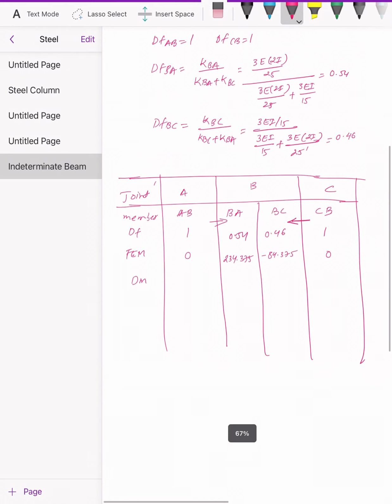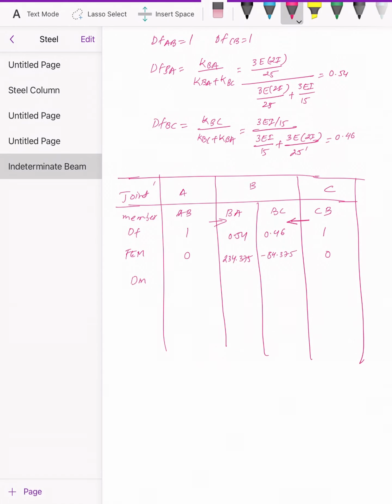So what is our distributed moment? Let me lock this joint and draw the table. Is there any moment here? There isn't any. So the moment we have at joint B is 234.375 and minus 84.375.